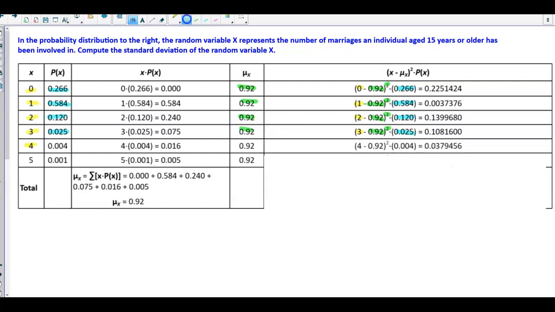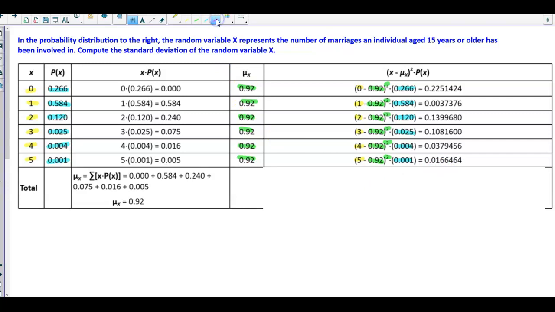Next, the value of 4, subtract the mean of 0.92, square it, and multiply by the probability of 0.004 to give us 0.0379456. And the last thing, the data value of 5, subtracting again the mean of 0.92, squaring it, multiplying by the probability of 0.001 to give us 0.0166464.